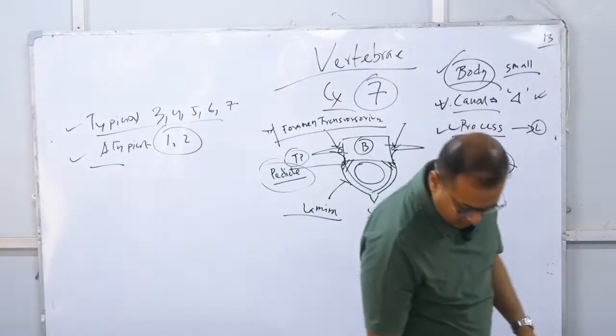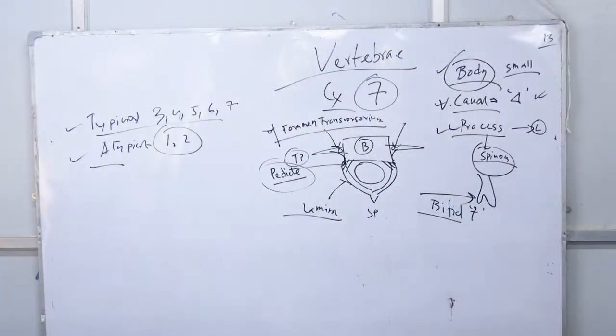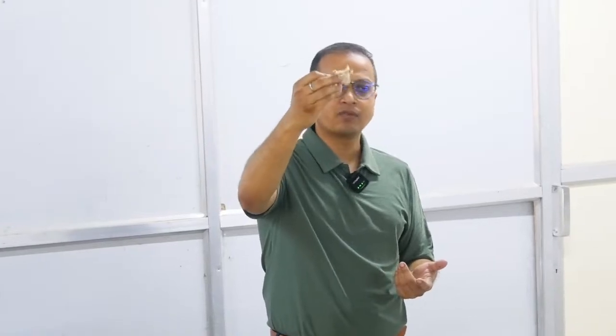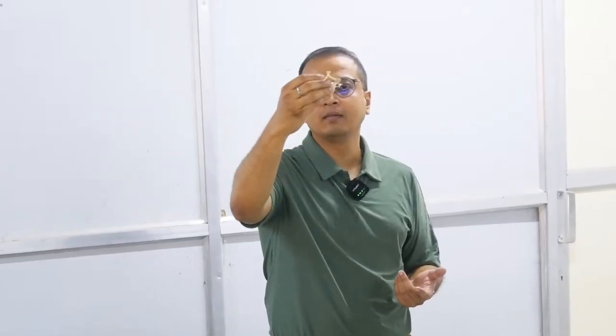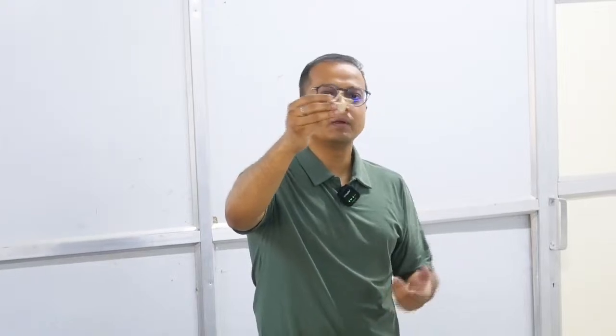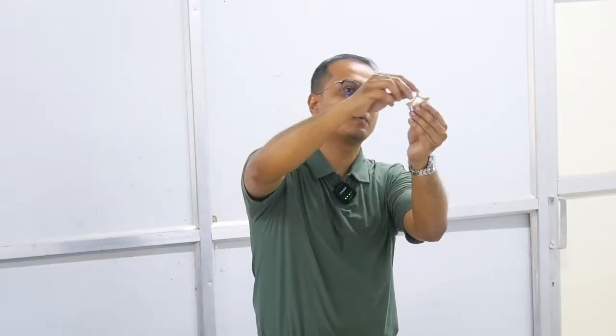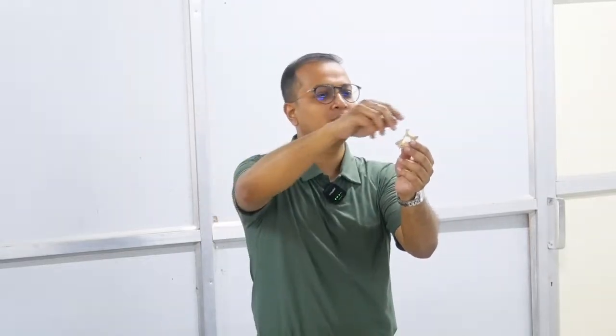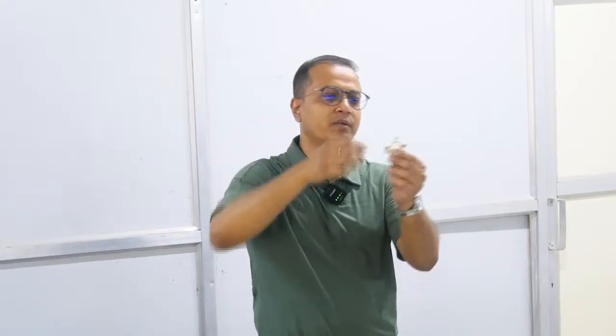Now, to summarize, what helps us identify the cervical vertebra is that it has a small, thin body, and a triangular cavity of the vertebral canal which is wide compared to the body. The spinous process is bifid, which may be seen in the thoracic region as well, but the bifid spinous process is very obvious in the 7th cervical vertebra.